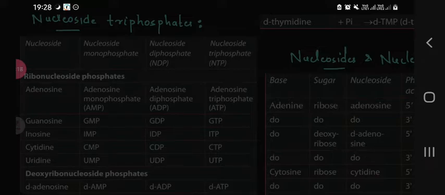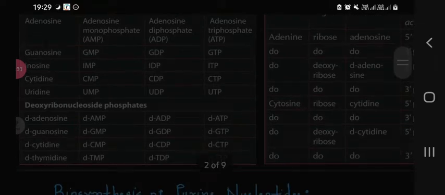Guanosine GMP, GDP, GTP; inosine IMP, IDP, ITP; cytidine CMP, CDP, CTP; uridine UMP, UDP, UTP; dAMP, dADP, dATP; dGMP, dGDP, dGTP; dCMP, dCDP, dCTP; dTMP, dTDP, dTTP.